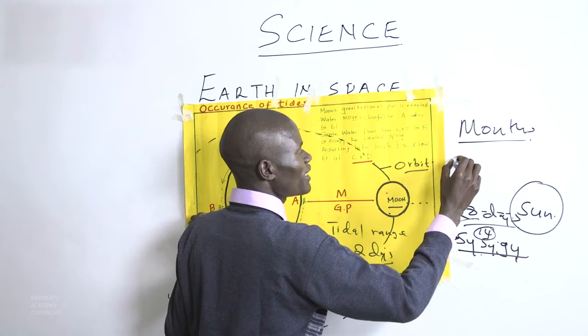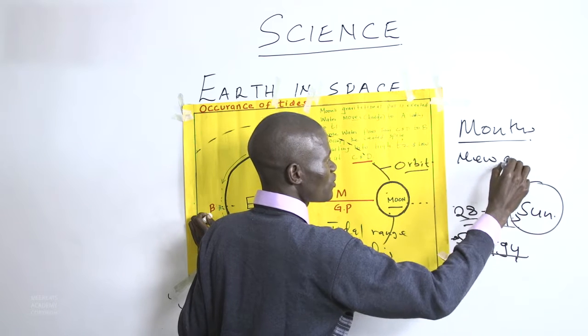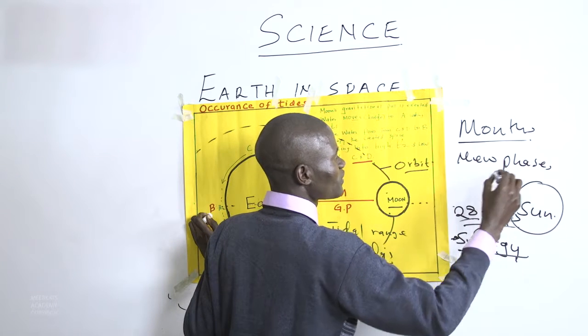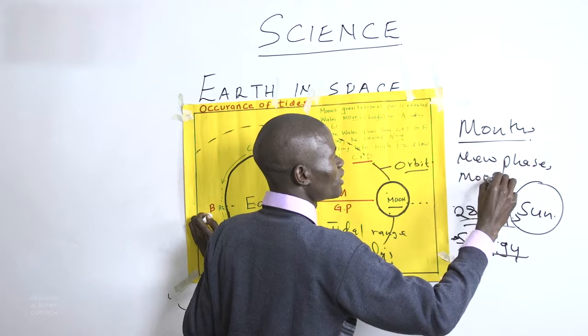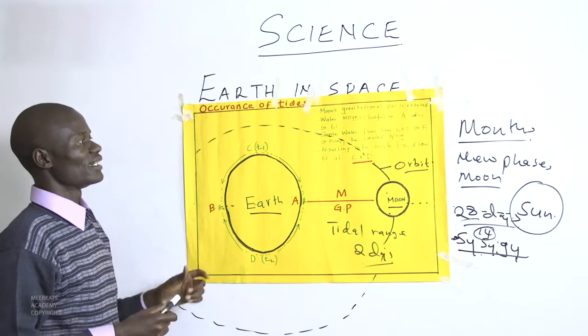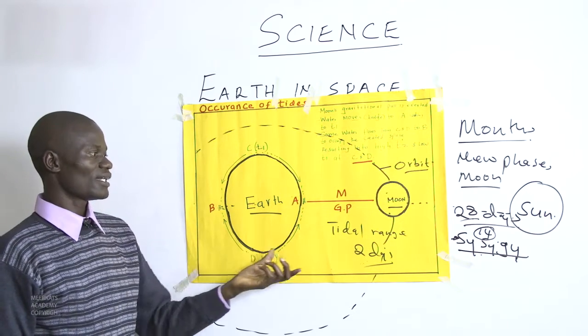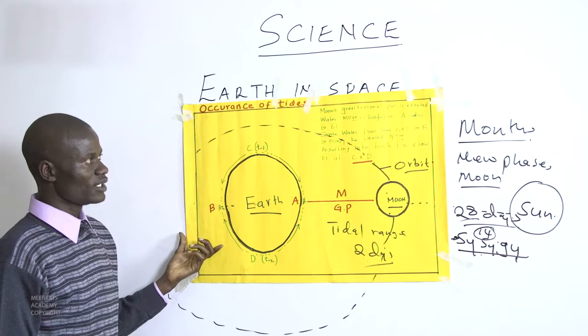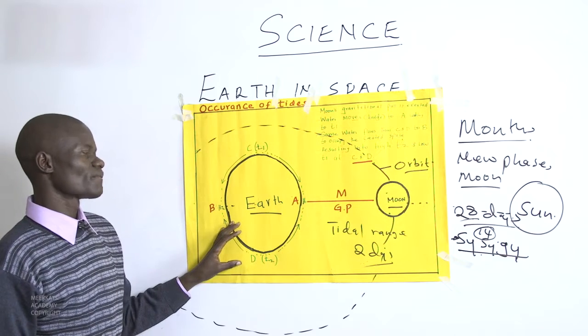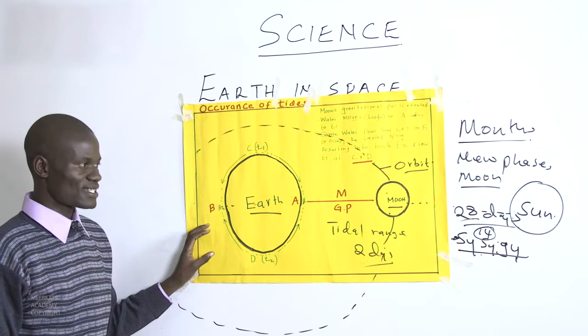Moons tend to appear every new month. There are new phases of the moon. We'll be able to look into them maybe in the lesson on the revolution and also the eclipse that are caused by the sun.